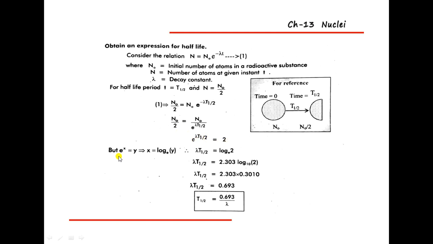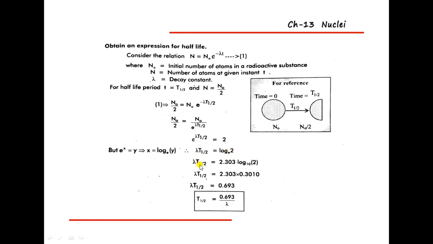According to the relation for logarithms, if e raised to x is equal to y, then x is equal to log y to the base e. Therefore, lambda t half is equal to log 2 to the base e.